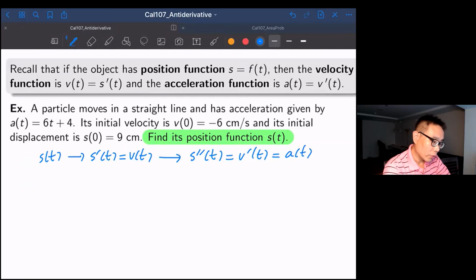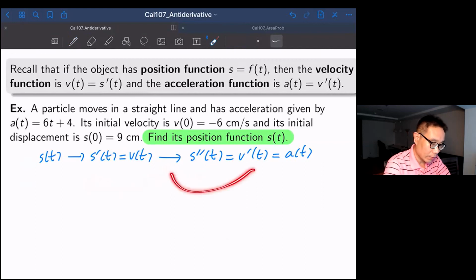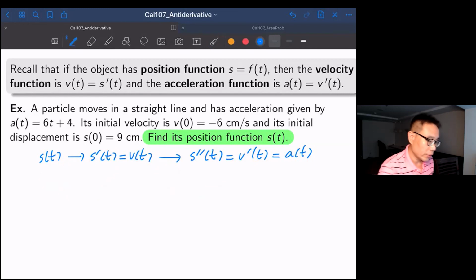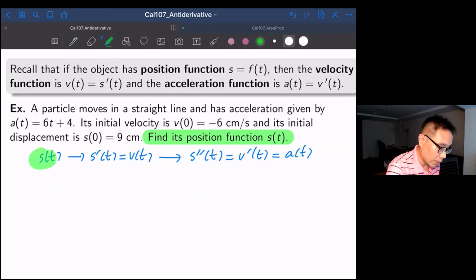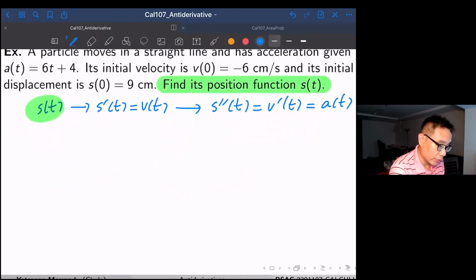And you want to go back 2 steps. You want to go back 1 step here, and another step here. So we're going to recover the position function by doing the calculation 2 times like we had before. This is what we're going to do for this example.